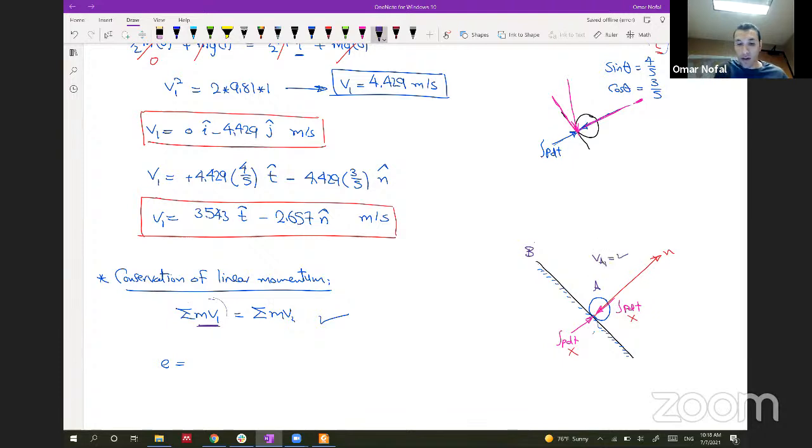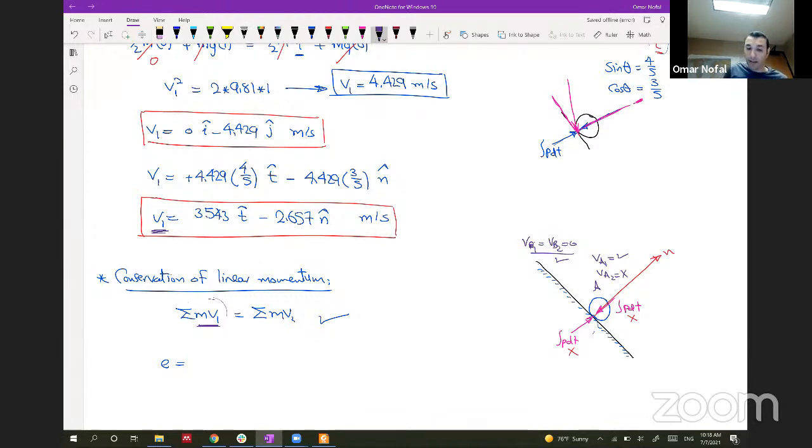So we know VA1, which is here. So this is VA, and what we need is VA2. That's what we don't know. But you know for B that VB1 equals VB2 equals 0. So you know all of that.